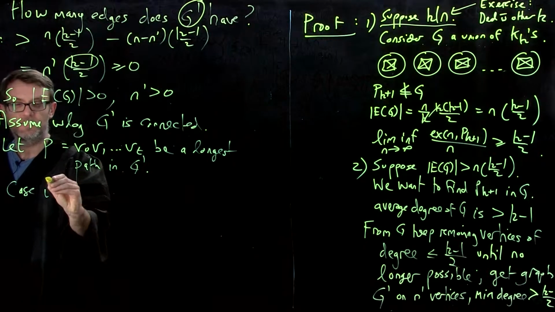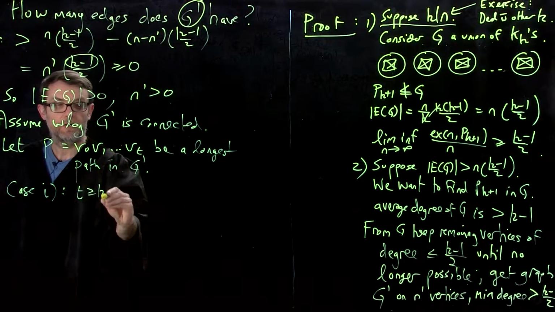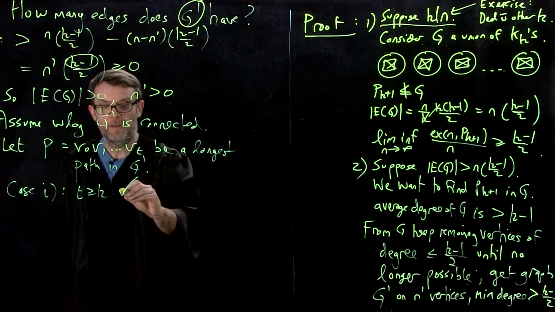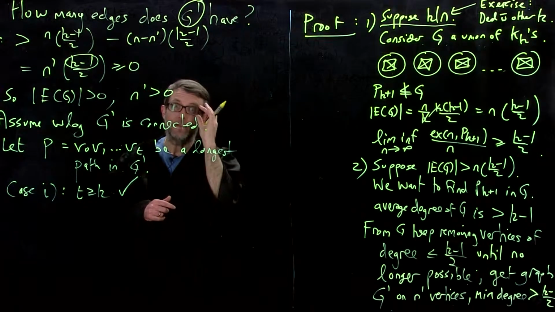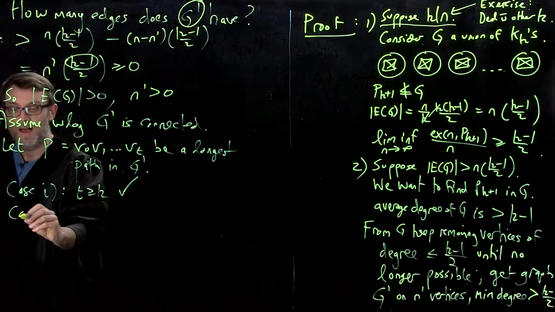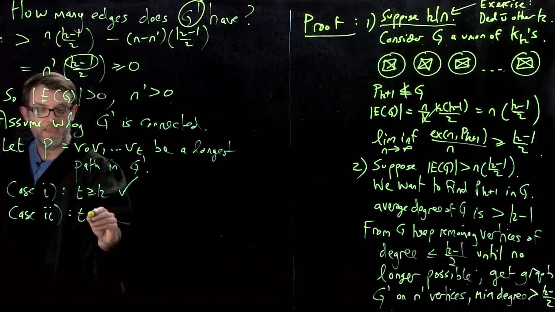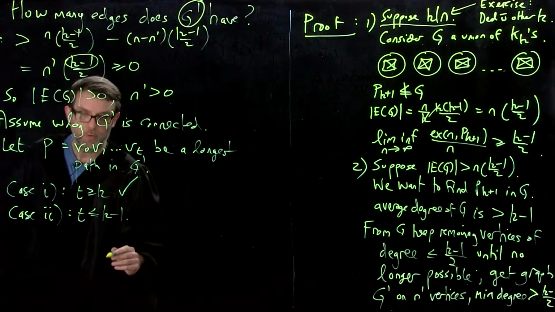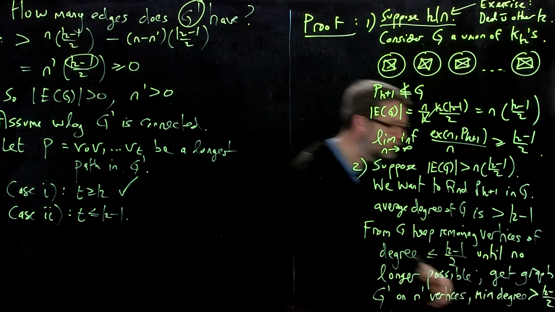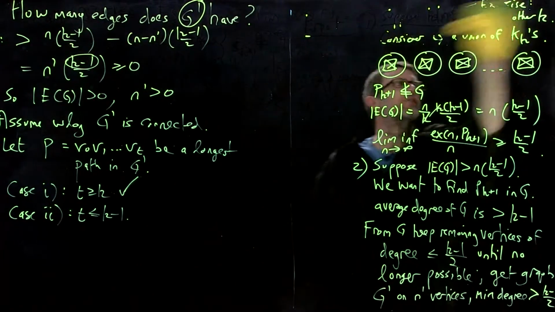So case 1 is that t is bigger than or equal to k, and if t is bigger than or equal to k, then I'm golden, because that's automatically a path with at least k edges. So case 2 is going to be when t is less than or equal to k minus 1. So that's the case I'm going to have to try and do some work on, and what I'm going to try and do is argue some kind of a contradiction.